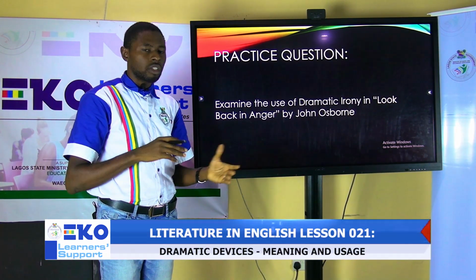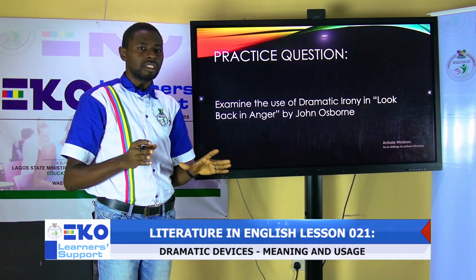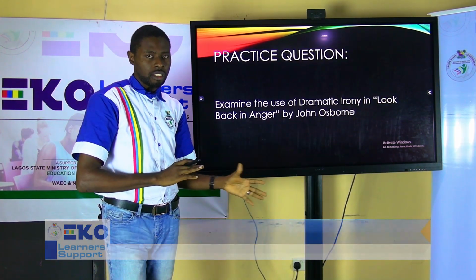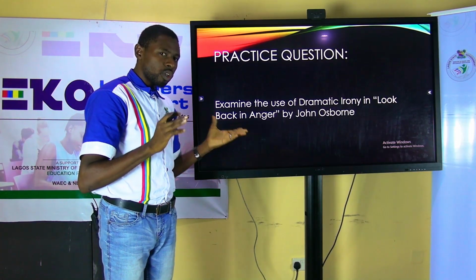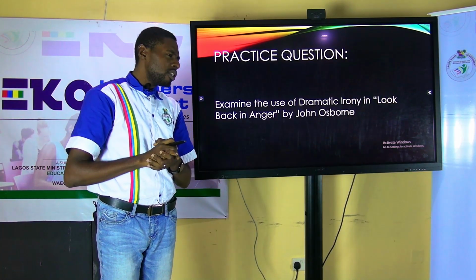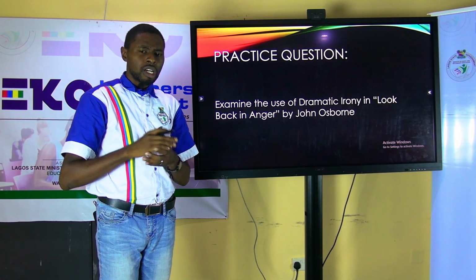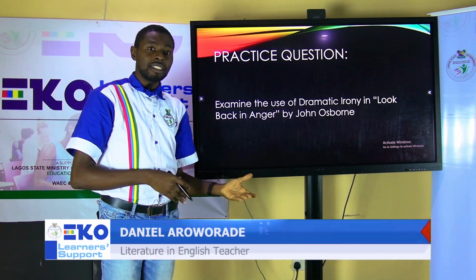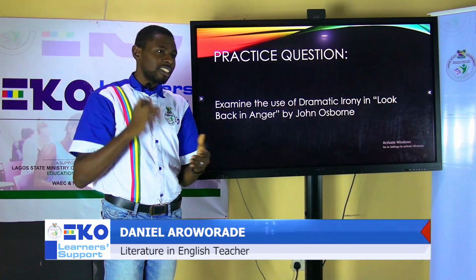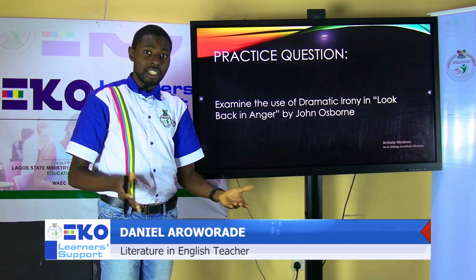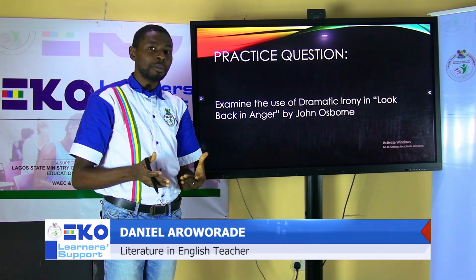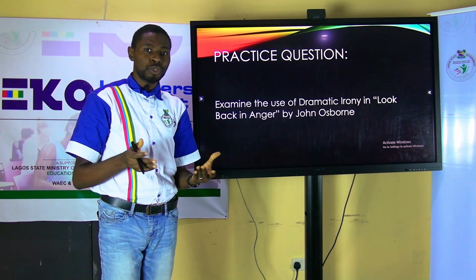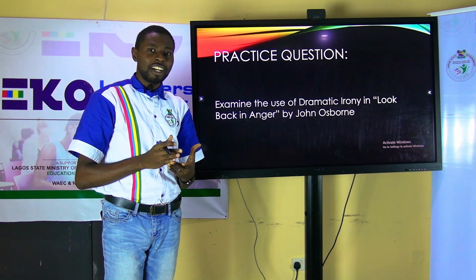There are a number of ironies that are used by the playwright for effect in this play. One of the ironies is the irony of Helena coming to stay in Alison's house, and then she's expected to leave the next day. But she ends up staying there and even taking over the house, taking over her husband.